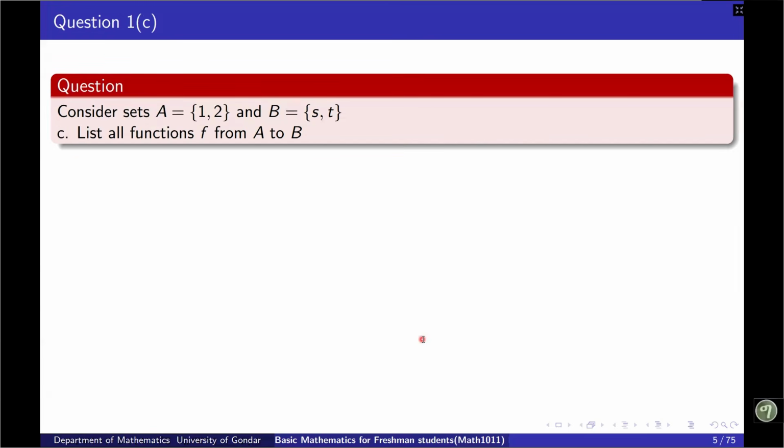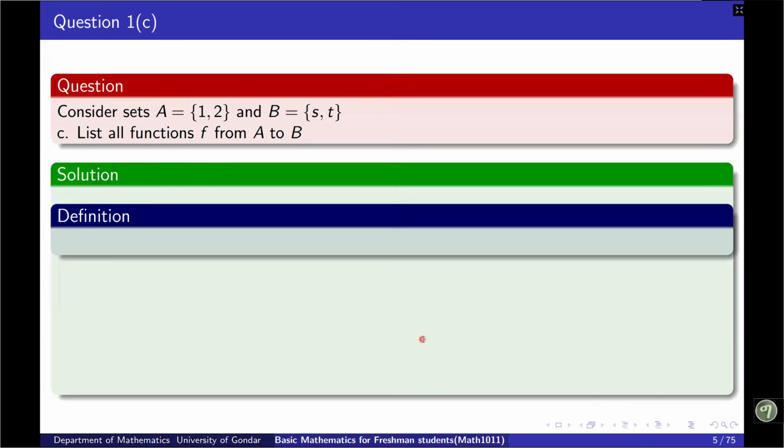The third one asks to list all functions f from A to B. We know that a function from a nonempty set A to set B is defined as follows. The domain of the given function, the first set A, must hit the criteria for the given relation from A to B to be a function.